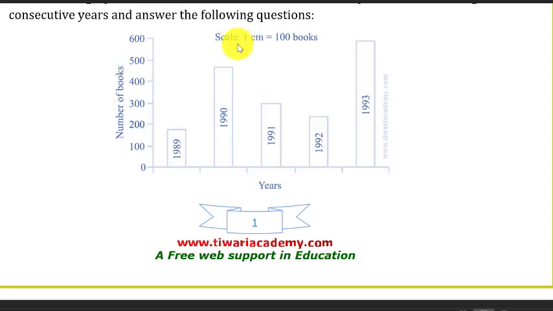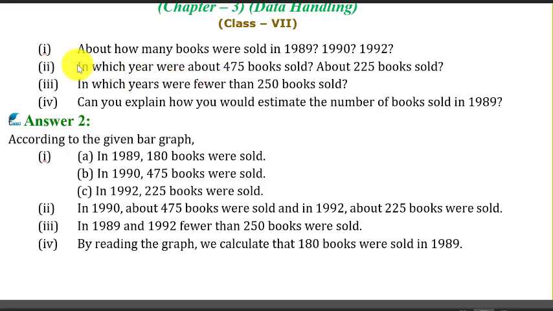The scale is given: for 1 centimeter, 100 books. So from 0 to 100, for 1 centimeter, 100 books. The questions are about how many books were sold in 1989, 1990 and 1992.